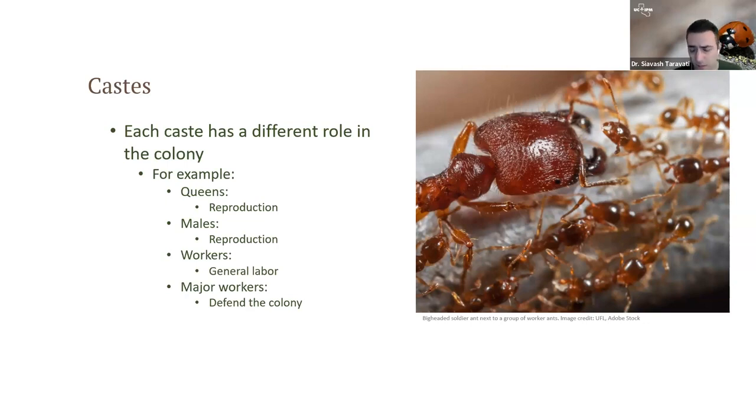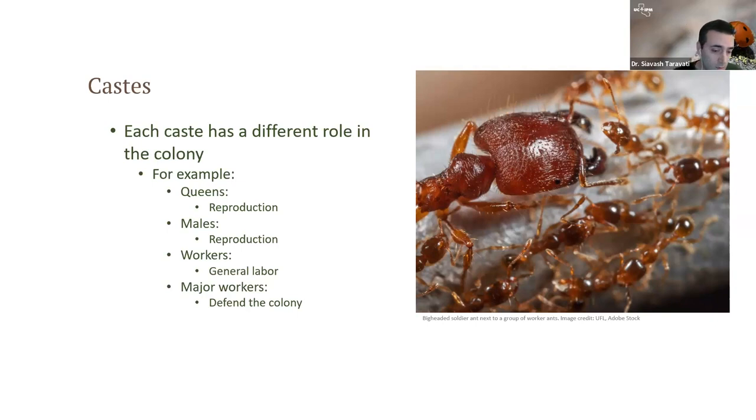And then you have males, which are temporary. You see them at a certain time of the year, and then they come out, they swarm, and they mate, but either they die shortly after or they get executed by workers. This is similar to honeybees and others. So males are in the colony just for a short period of time.